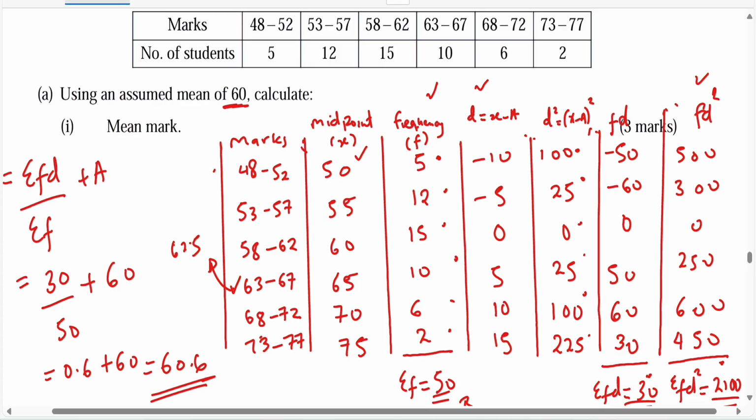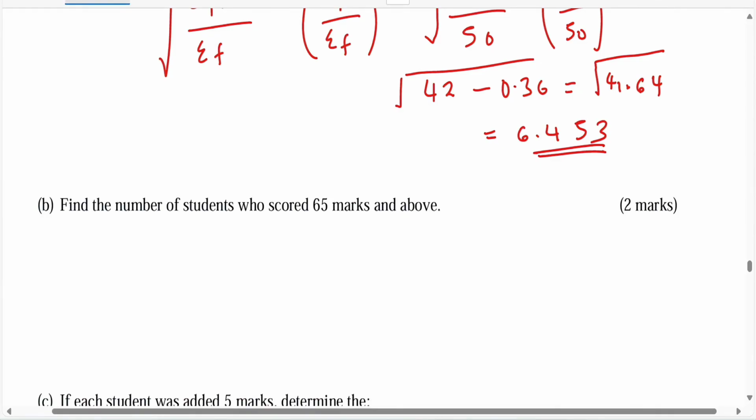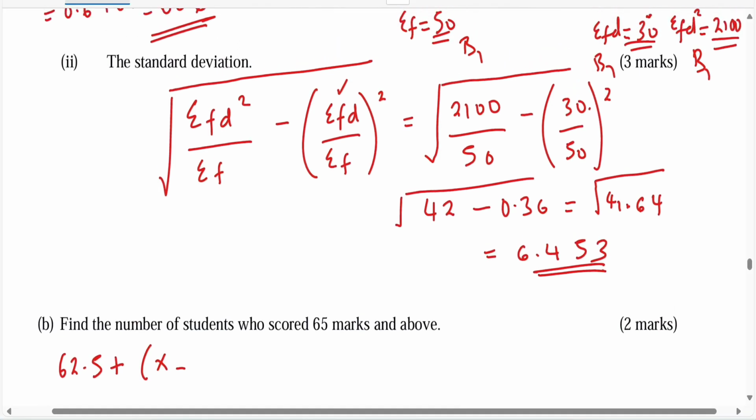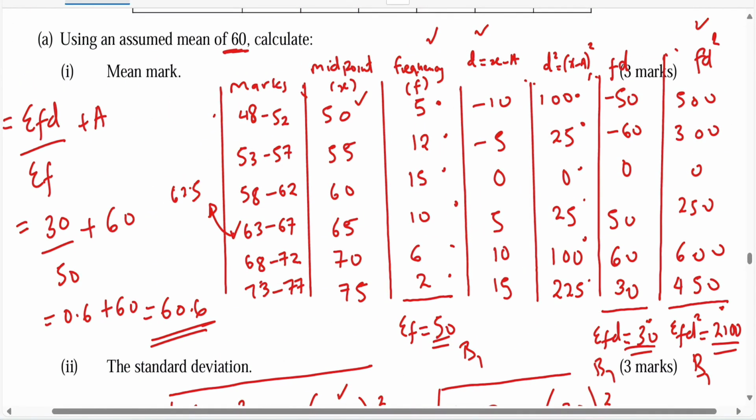So what we are doing here is we add to that 62.5 a certain number. And how do you find that number? Your number is given by x minus the cumulative frequency above, which is the higher one.